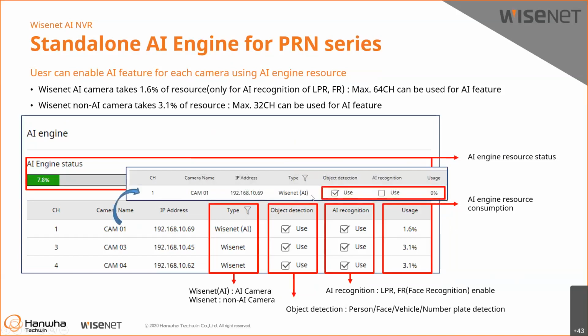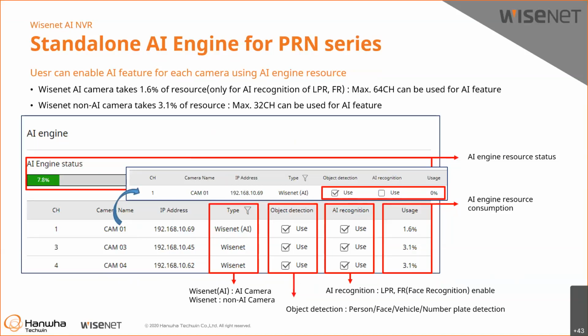But just one thing you have to be careful about. Actually, AI recognition means face recognition and LPR. So if you are not using LPR and face recognition and you are using an AI camera, it doesn't take any resource from the AI engine, because the AI camera is already doing the job of object detection and just sending metadata.